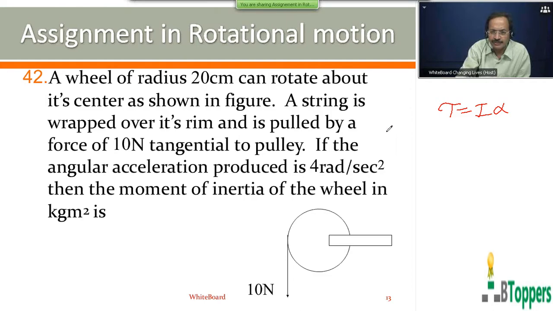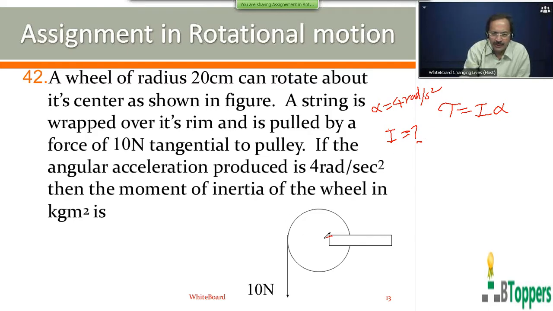You are asked to find the moment of inertia I, and the angular acceleration produced is given to be 4 radian per second square. You have to first calculate the torque.